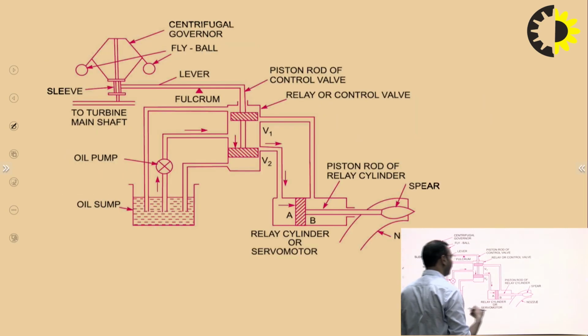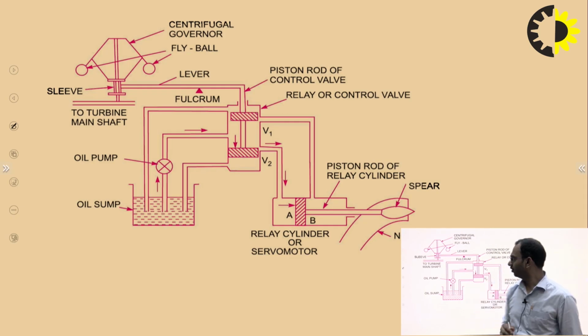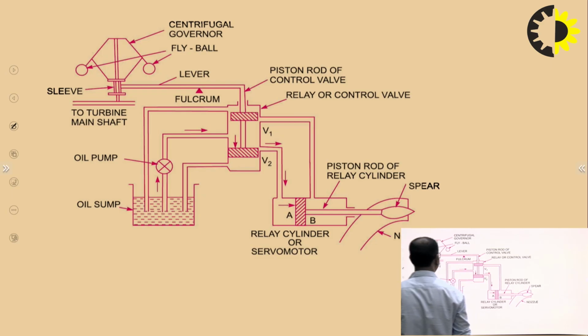So there are different methods for governing of turbine, but in this lecture I will discuss oil pressure governing. So this is the schematic representation of oil pressure governing of hydraulic turbines.